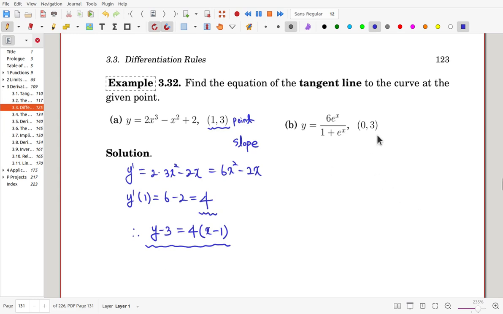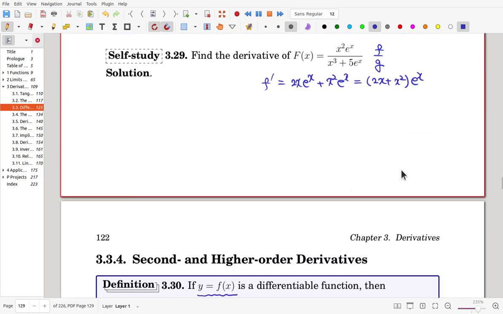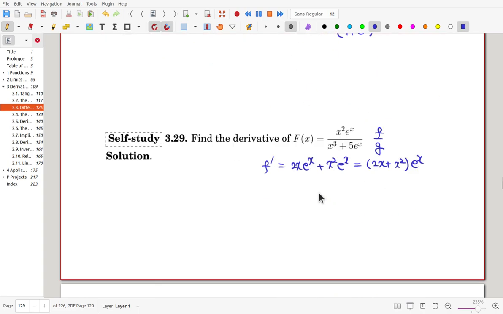Okay. Now here we're going to find a tangent line at this point, x0, y equals 3. So we have to get y prime, and when x equals 0, we have to evaluate it. But in the earlier problem, we found the derivative, 6 e to the x divided by 1 plus e to the x squared.